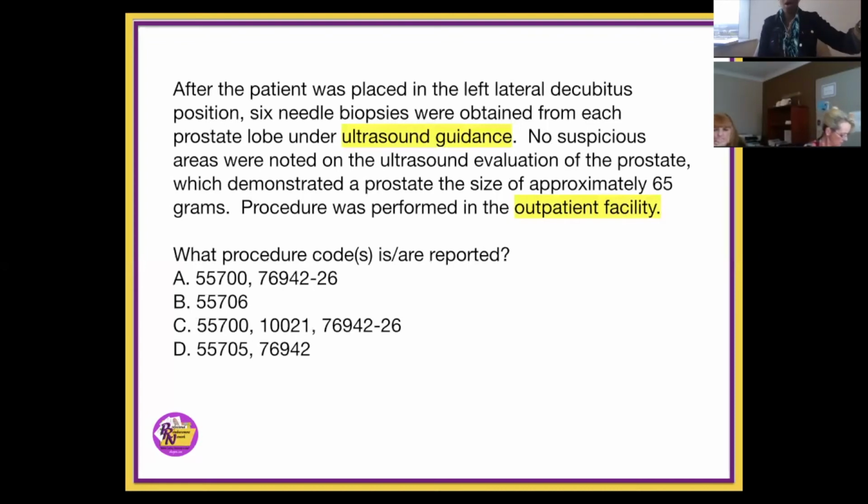That's what they would code, and they would add a TC modifier to that code. The provider would code the professional component, which includes their interpretation of the ultrasound as well as their report, and they would add a 26 modifier to it.